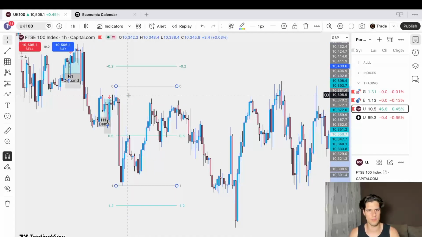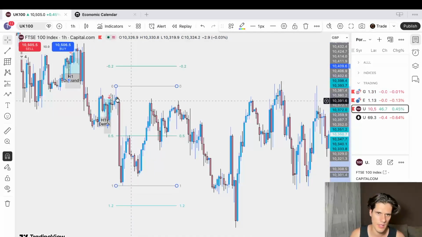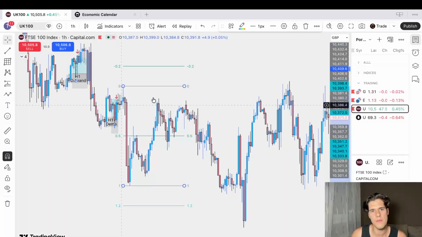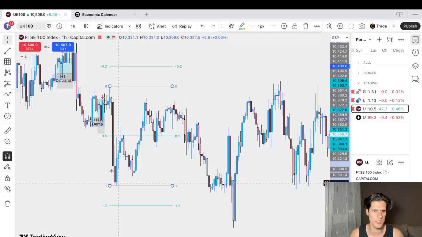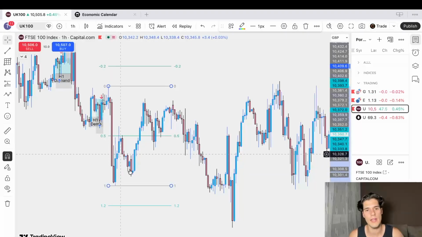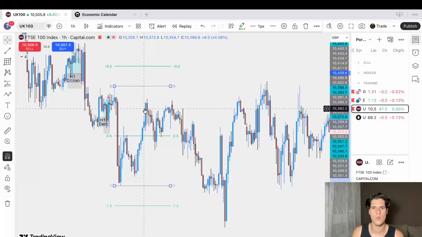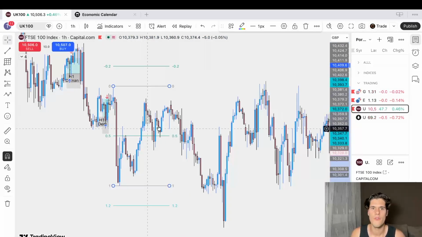So what happened is from our premium zone, the price came down to our discounted zone, and it went back into the premium zone, where the sellers took place. And as you can see, from here the price went down, which means that would be a really good opportunity to sell.